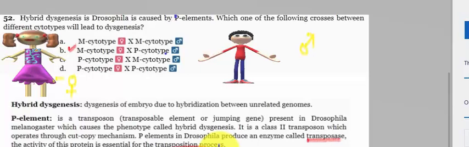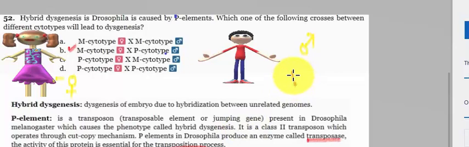So let's come to the process of hybrid dysgenesis in Drosophila. Generally what happens is a high rate of mutation in the germline cells. There are two kinds of strains: one is the P strain or P cytotype, which has the autonomous P element, and one lacks the P element, which is called the M strain or M cytotype.